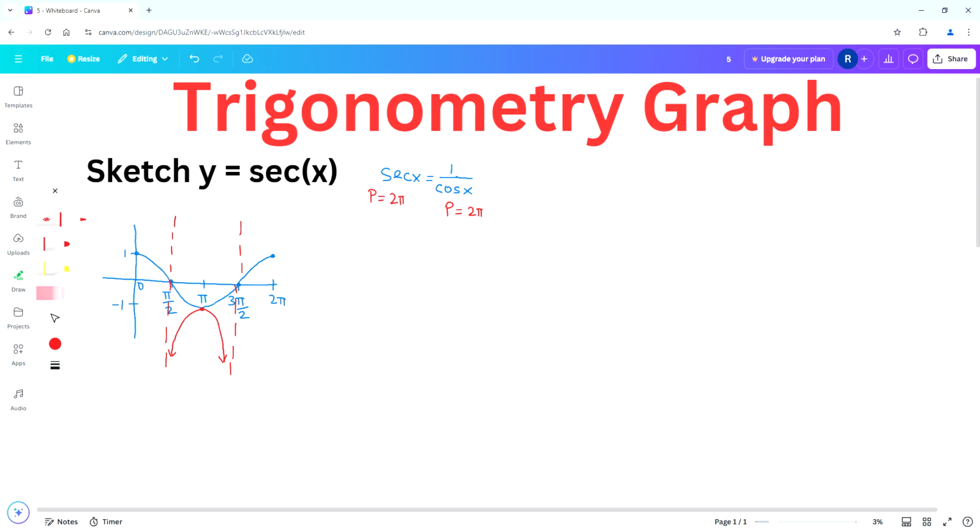Since there is a vertical asymptote at pi over 2, on the left side of this vertical asymptote, the curve for secant x will go in the upward direction, because on the left side of pi over 2, the graph for cos x forms a peak at x equals 0 and y equals 1, at point 0, 1. So the curve for secant x looks like a parabola that opens in the upward direction and has a minimum point at 0, 1. So the point 0, 1 lies on both the cos x function and secant x function. We can show the curve like this.